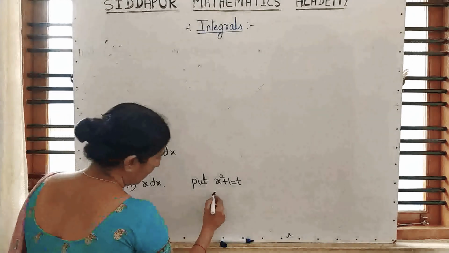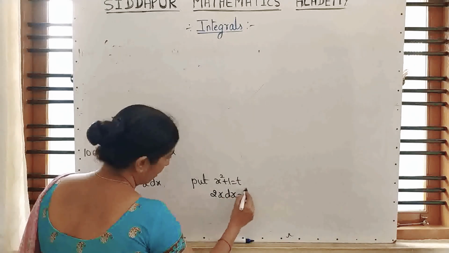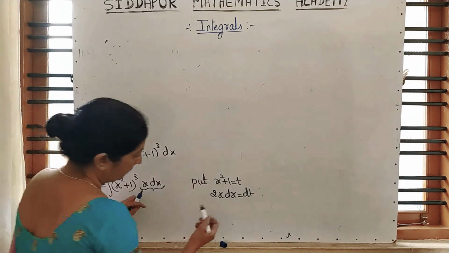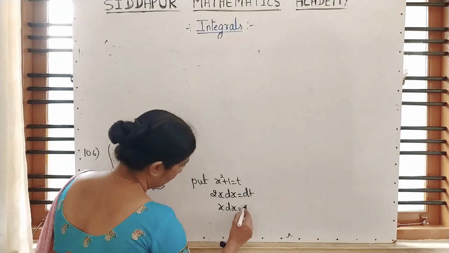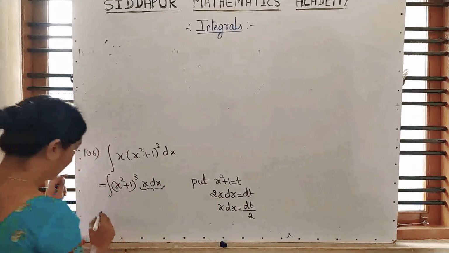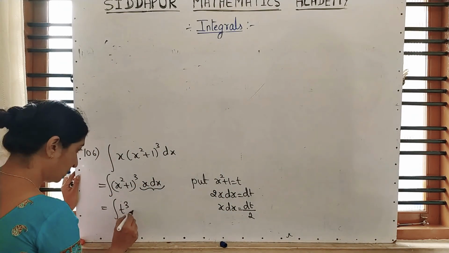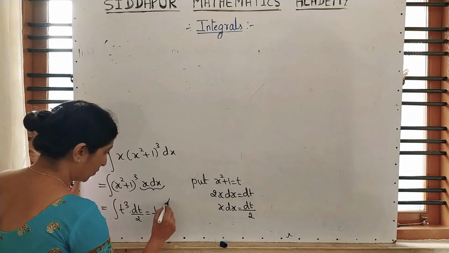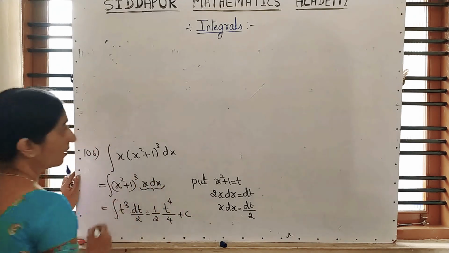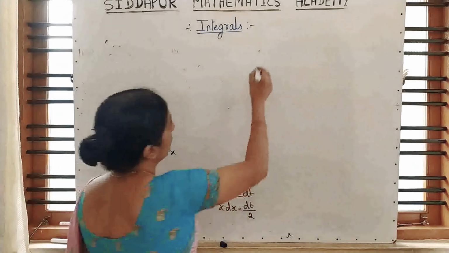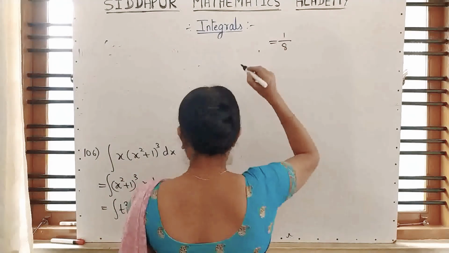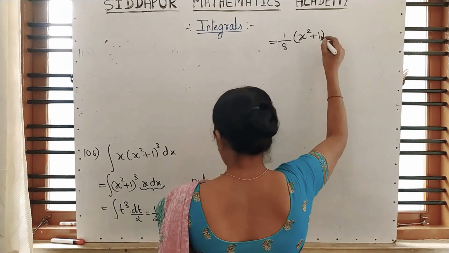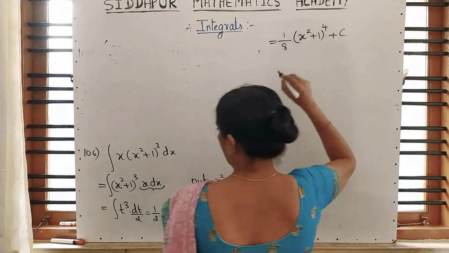Differentiation of x square is 2x into dx is dt. See the board, we require only x into dx. Integration of t cube is t raised to 4 by 4. Now write down that t value. 1 by 2 into 1 by 4 is 1 by 8. t value is x square plus 1 raised to 4 plus c.